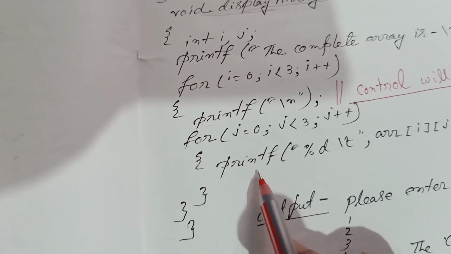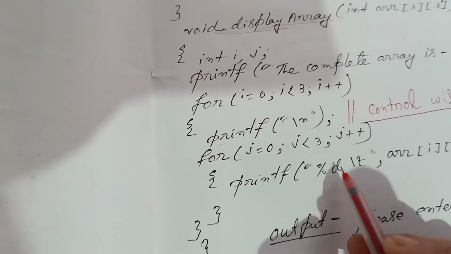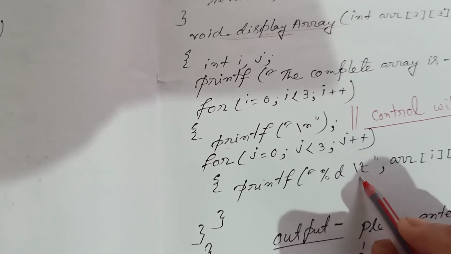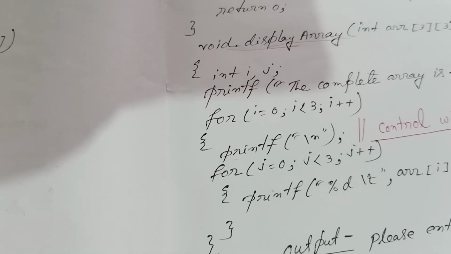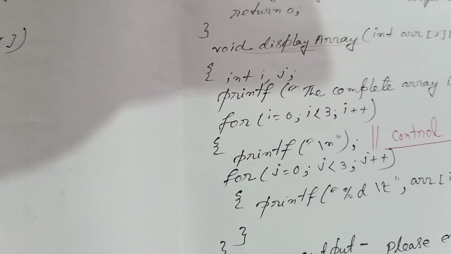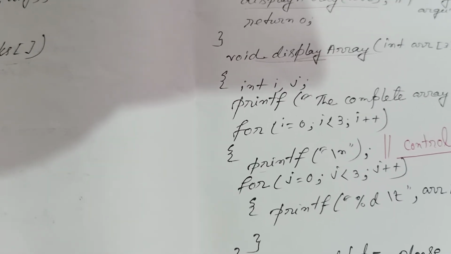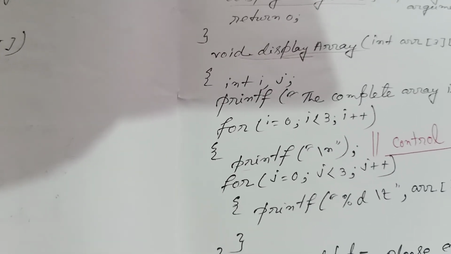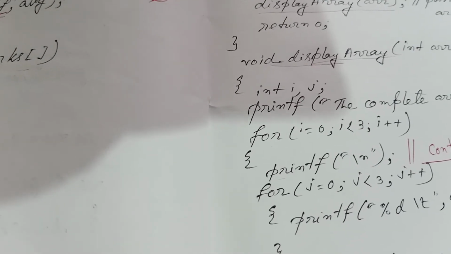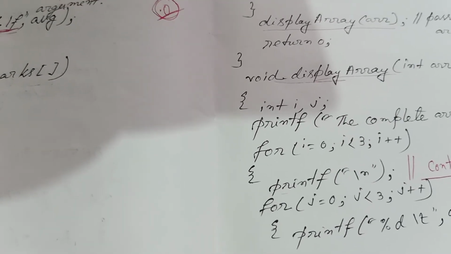Within this for loop, printf %d slash t. Tab means that after putting one element there is a 5 space gap, then we are able to put the second element and then the third element in the row.